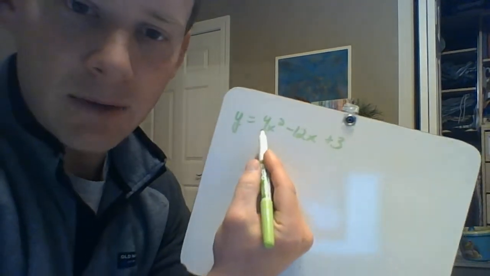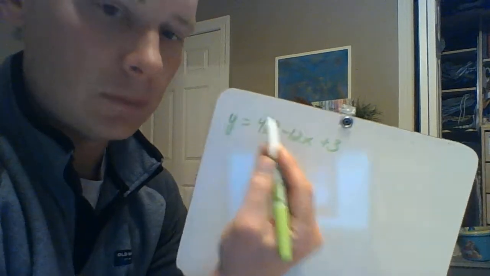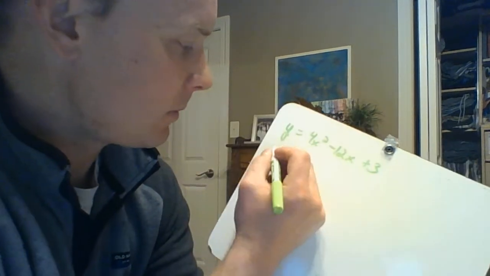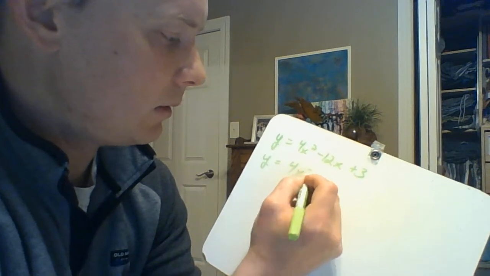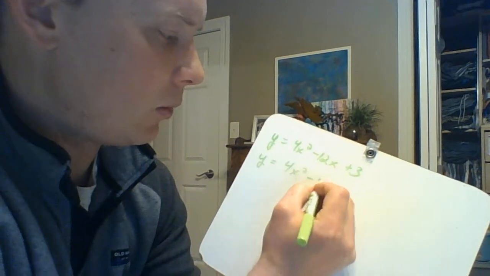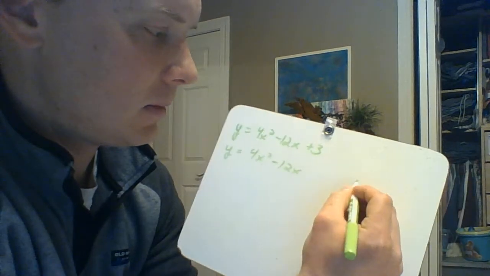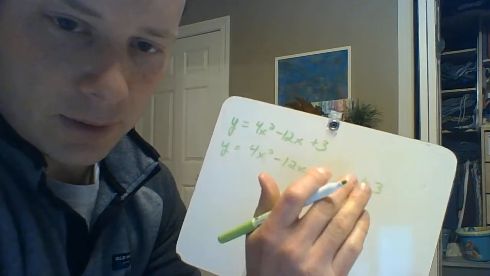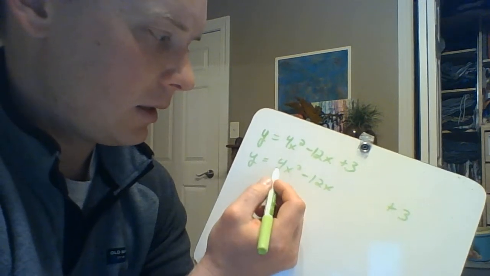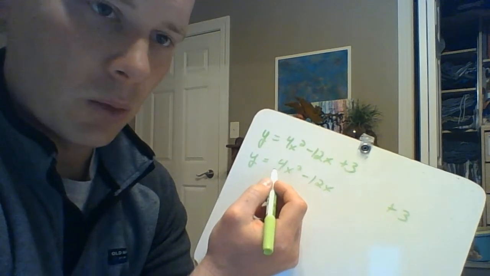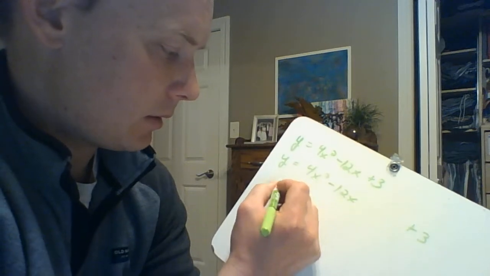Notice, first of all, our a value is no longer 1. So we have to work with that. And here's what we do. Go ahead and still start out with your space, but don't do your blanks yet. You can only start that once your a is 1. All right.